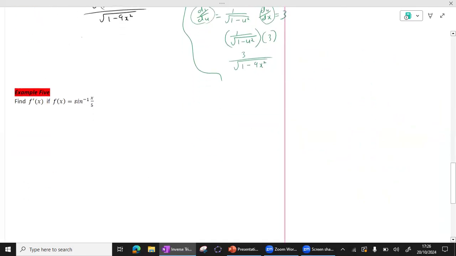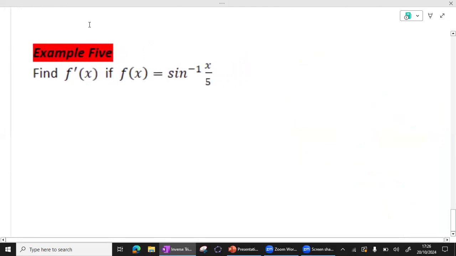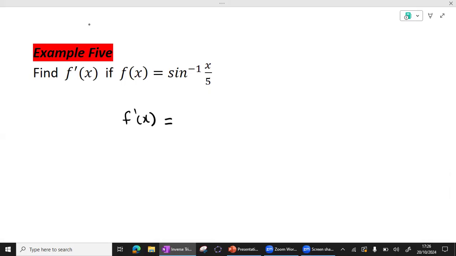Let's have a look at the next one. In the next one, we have sine inverse and we have x over 5. Now, we should be able to do this one straight from the table. So the derivative, now this time it's written as f of x, so instead of dy dx, I'm doing f prime of x. But the reason I suppose that I'm kind of happy about this one is because in the formula, it's supposed to be x over a.